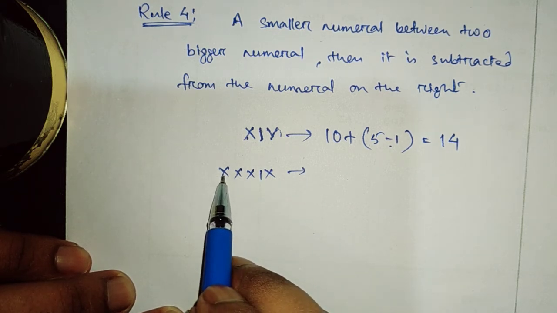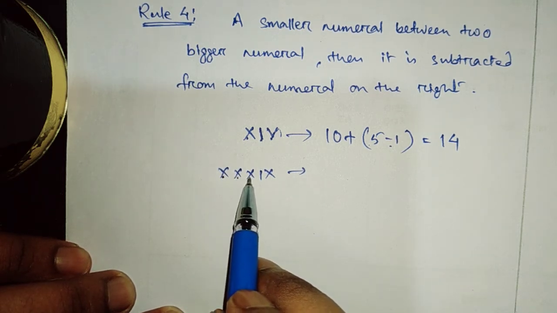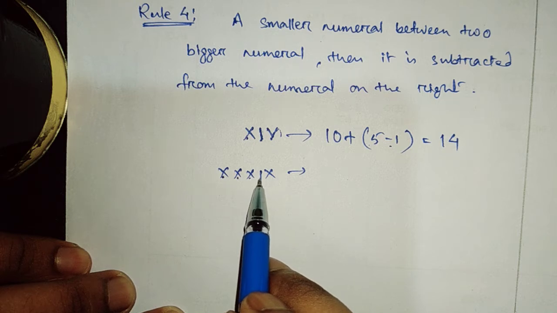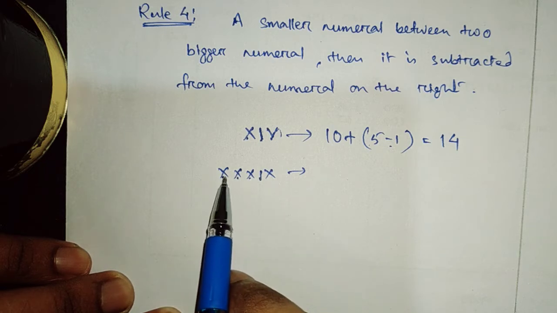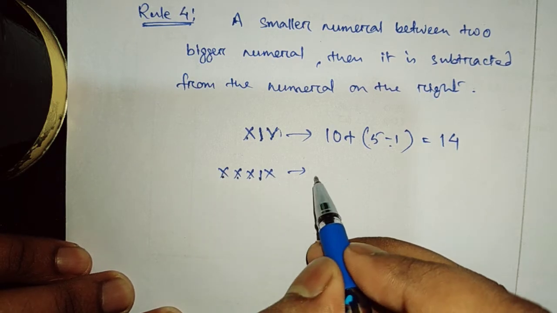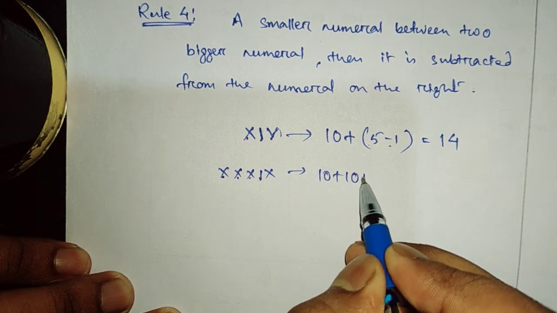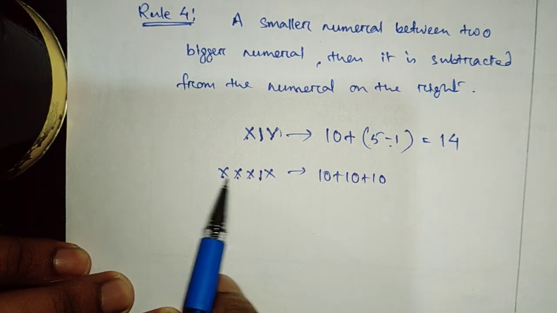So 10, 10, 10. Then we have this I over here, this smaller numeral. And then again we have a 10. So first what we will do, 10 plus 10 plus 10. Obviously they're repeated, so we'll add them.